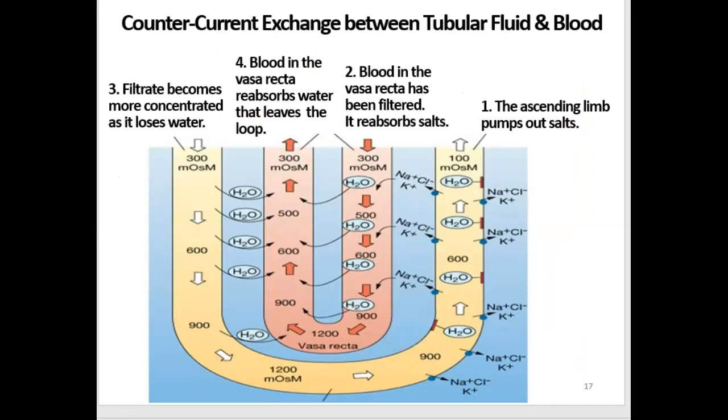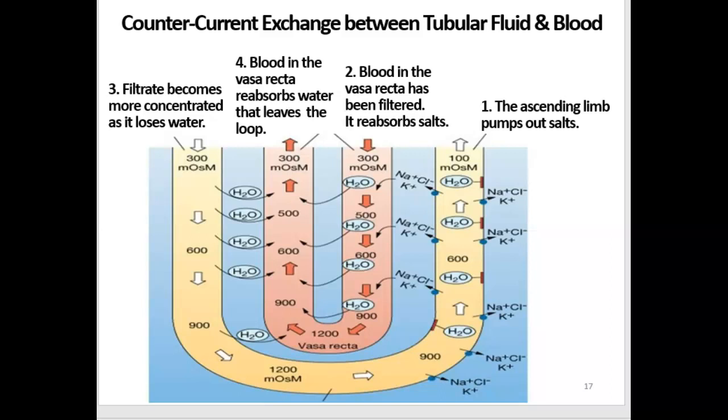There's one more factor that promotes water reabsorption, and that is that between the loop of Henle and the vasa recta capillaries, there is a countercurrent exchange mechanism.